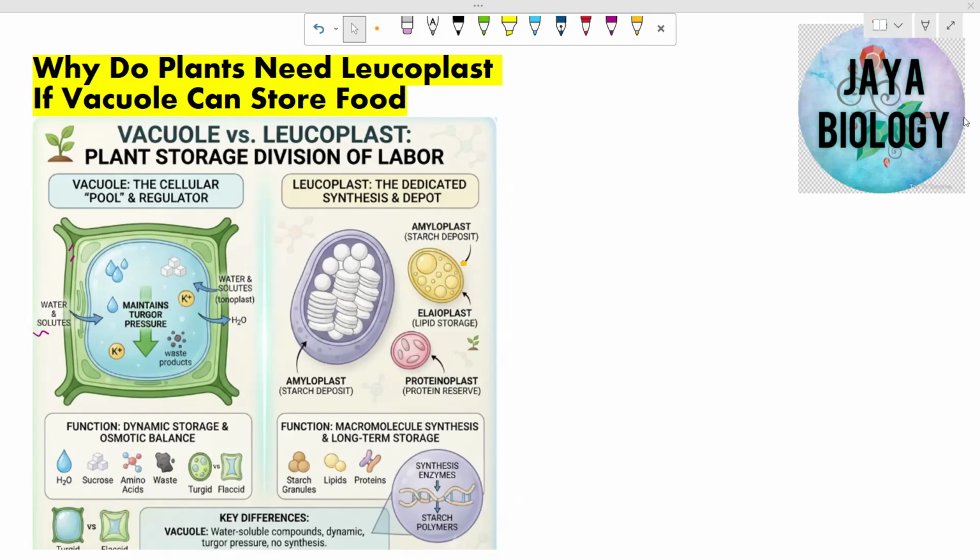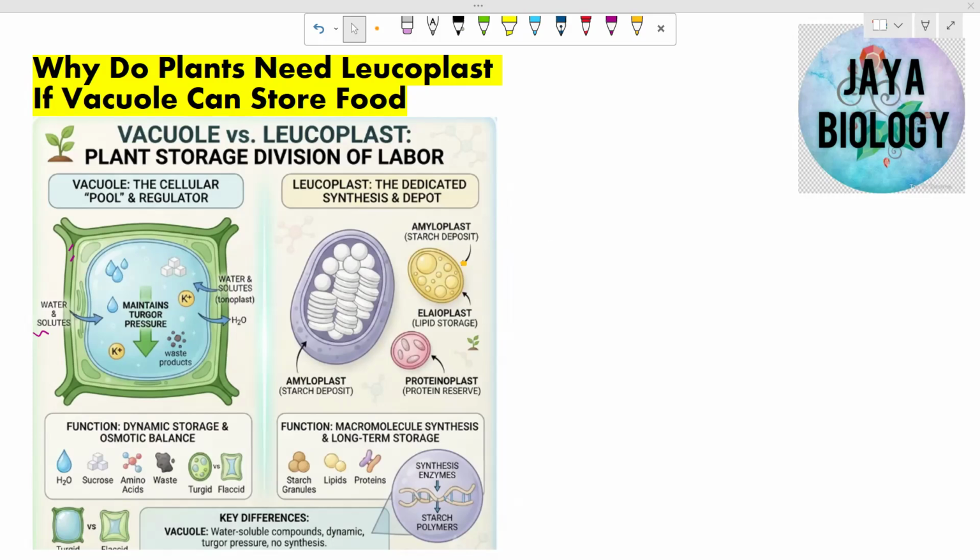What is the reason? Now see here, both organelles store food, but they store different types of food and perform different purposes. Let us come to the vacuole. The vacuole has cell sap.